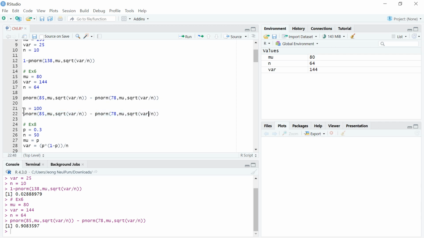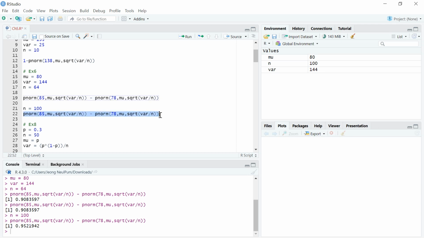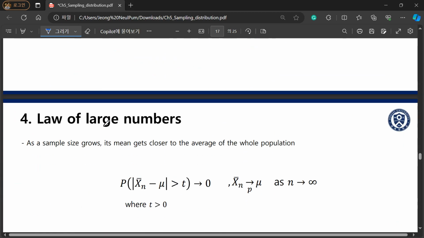Oh sorry, I didn't store this value. So with sample size 100, the same code gives a different probability, which is about 0.95. This is the answer of example number 6.